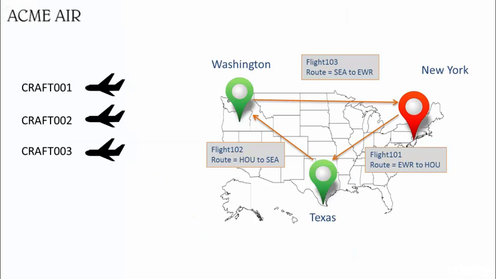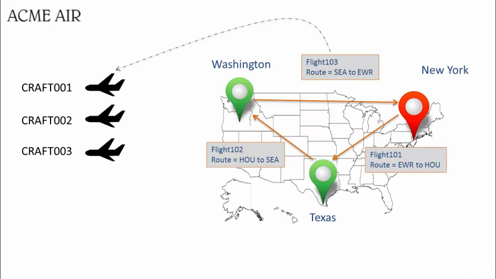Earlier in the lecture on arrays, I talked about the relationship between the flight and the aircraft asset. The aircraft gets assigned to the flights depending on the demand on that route and also depending on other logistical parameters.